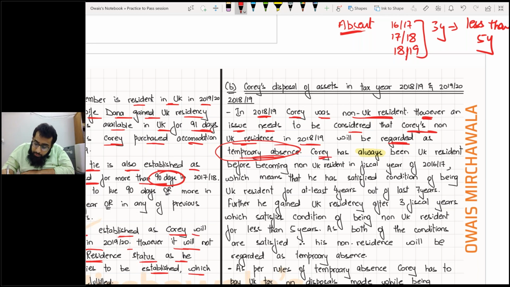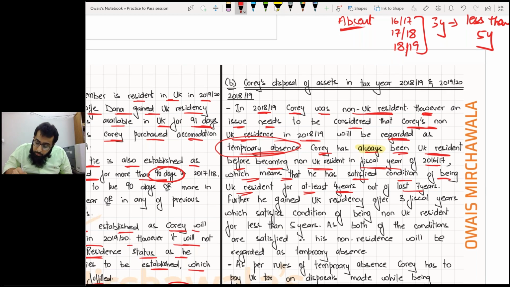Corey has always been UK resident before becoming non-resident in fiscal year 16-17, which means that he satisfies the condition of being resident for at least 4 years out of the last 7 years. First of all, we are discussing the rules of temporary absence.